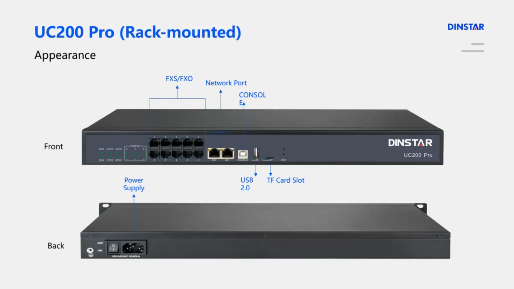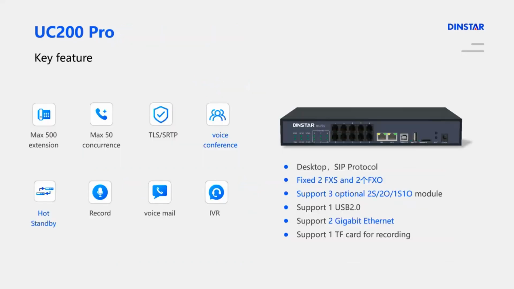It supports up to 500 SIP extensions and 50 concurrent calls, planned for growing teams, with built-in TLS and SRTP encryption for secure calls, plus voice conferencing, voicemail, IVR, and hot standby.